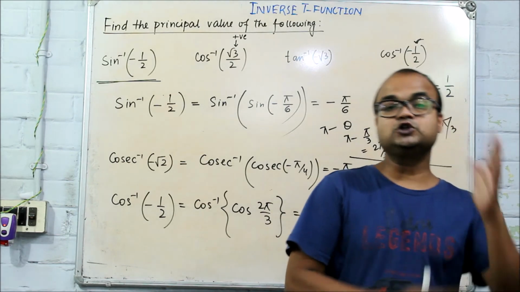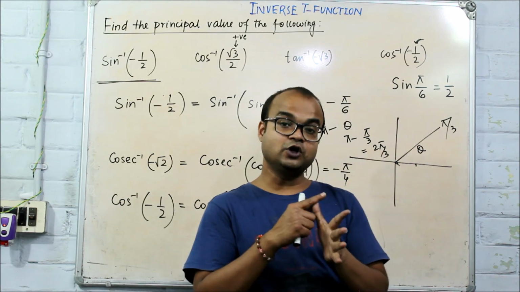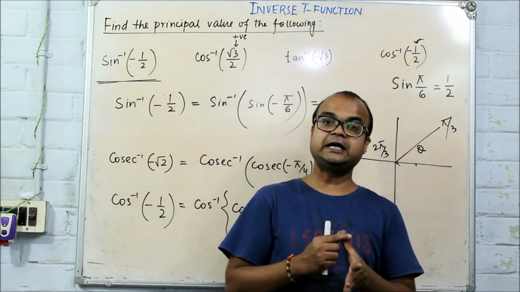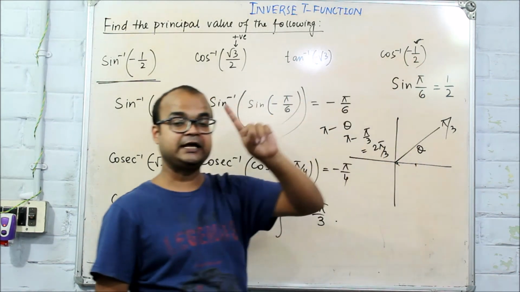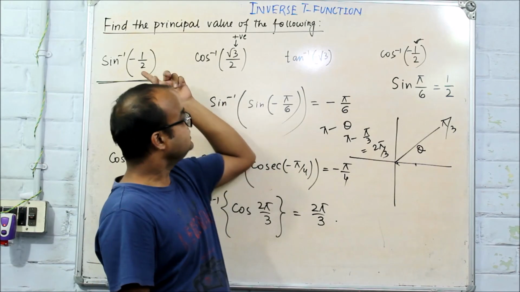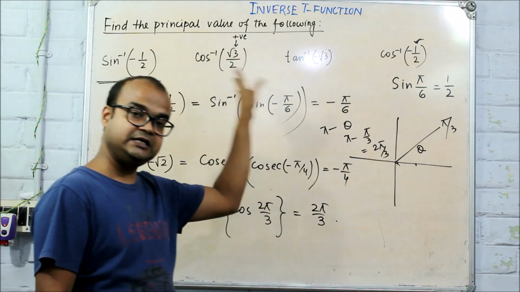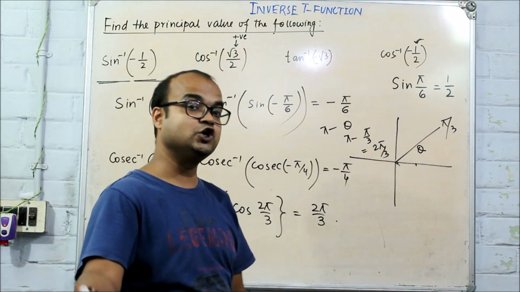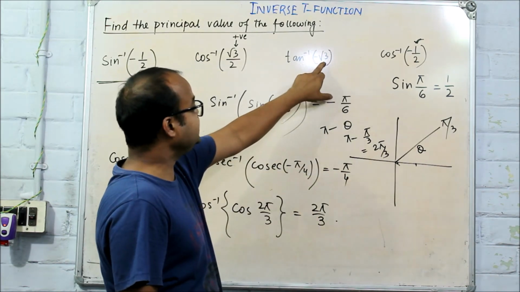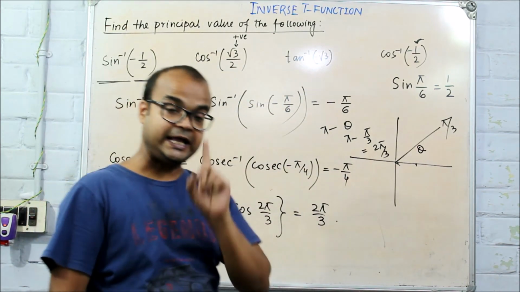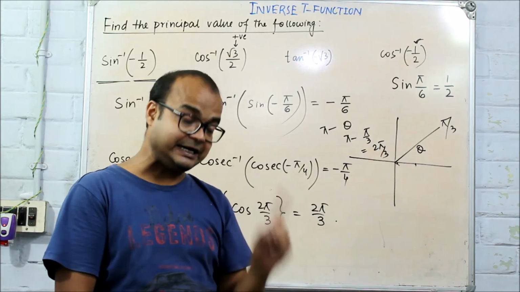Let me recap. In inverse functions, the third quadrant is not going to be used. In case of positive values, all the angles belong to the first quadrant. For cos inverse negative, your angle belongs to the second quadrant. In case of sine inverse and tan inverse, your angle belongs to the fourth quadrant. So first take the magnitude part only, and find the angle in the first quadrant for which tan or sine will attain that value.